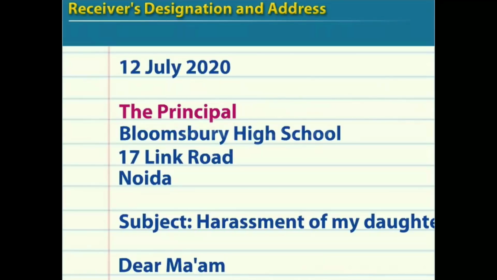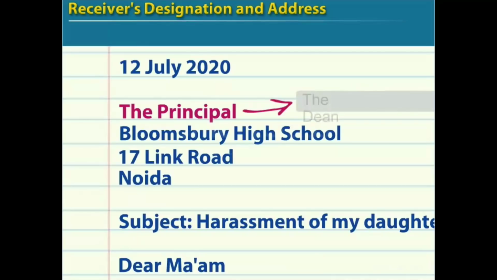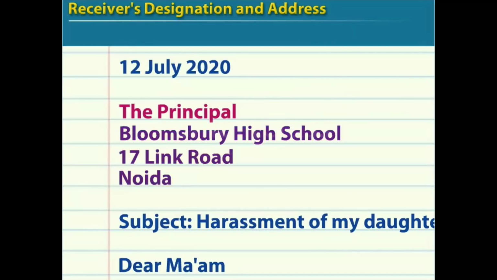If you do not know the name of the official, write only the designation. For example, the principal, the dean, the coordinator, the head of department, the librarian, or the vice principal. Write the official address below the designation without leaving a line. Do not punctuate the address.